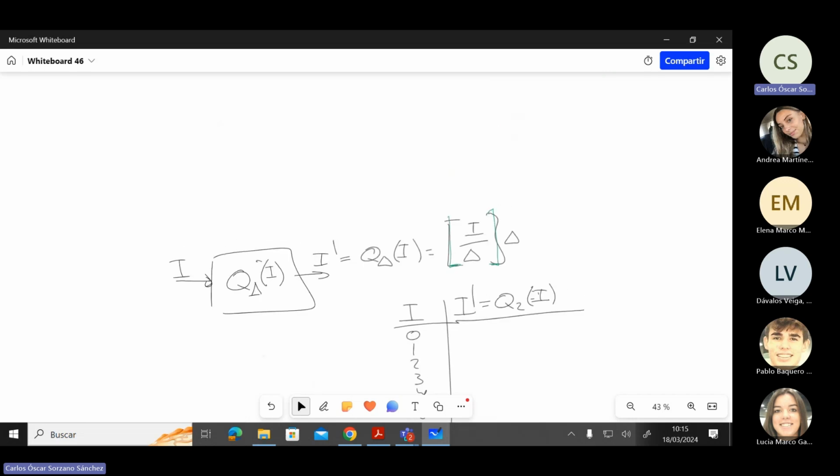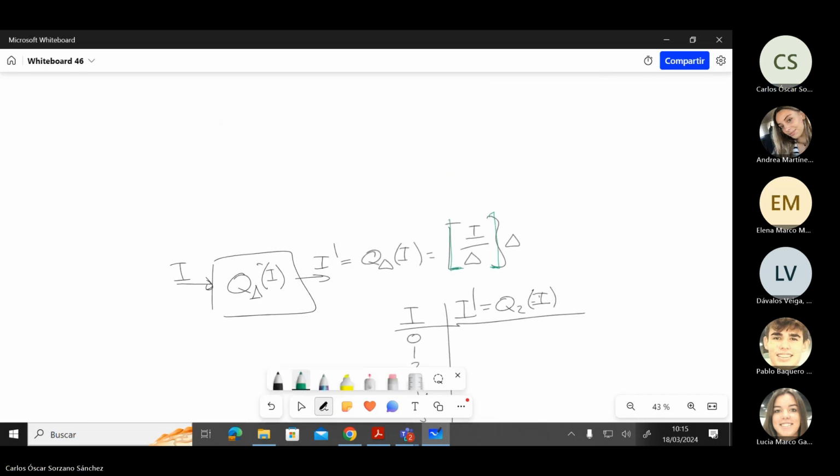This is a notation. We have 4 ways of rounding. This one is floor, rounding down always to the closest integer from below.